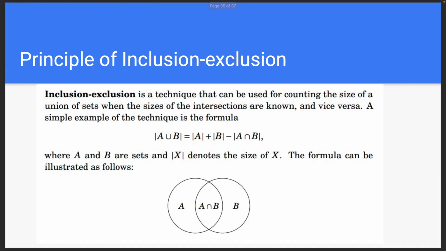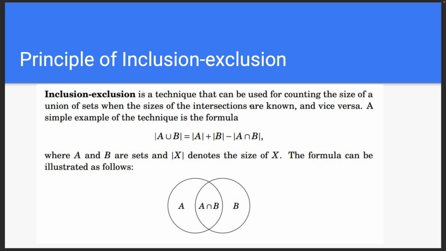That was it. And the last thing is the principle of inclusion and exclusion. I think we already had it. For example, let's consider that we have 2 conditions on something.